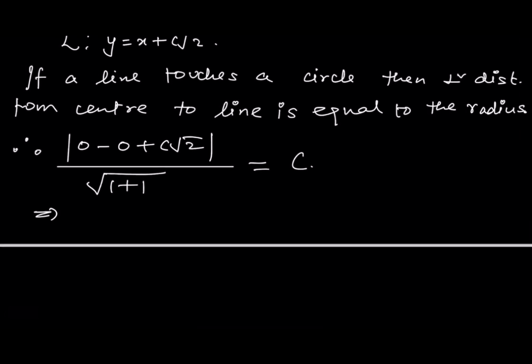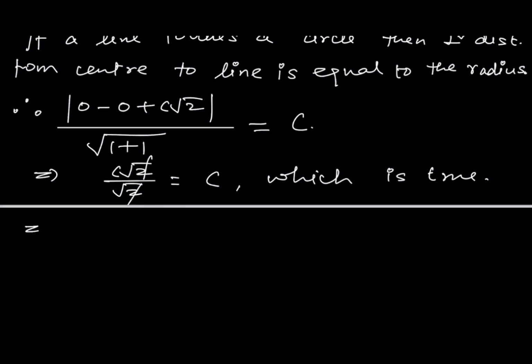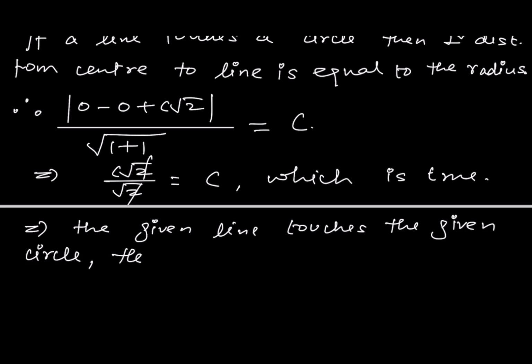So c root 2 by root 2 is equal to c, which is true, means c is equal to c. So we can say the given line touches the given circle, hence proved.